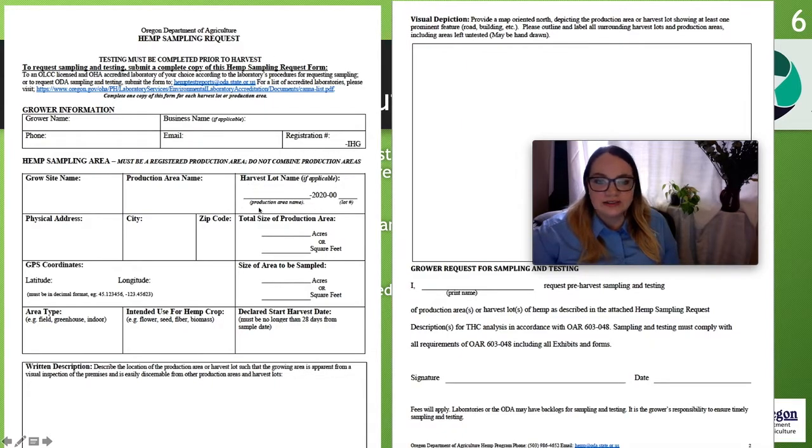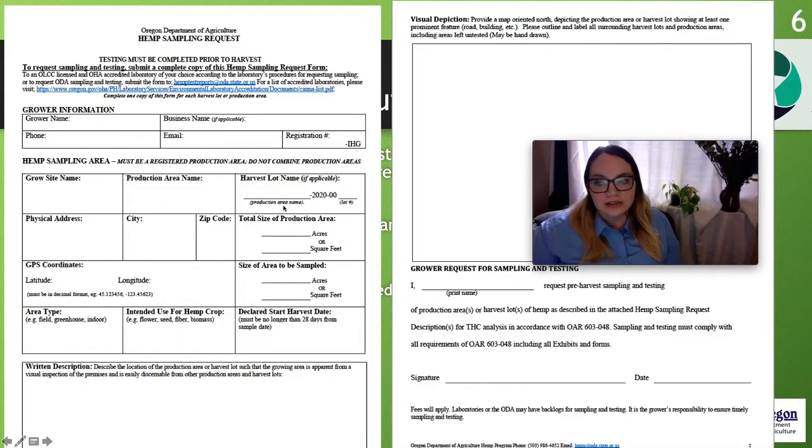So this doesn't necessarily need to be filled out. It's only if they're splitting it up. So if that were the case, they would still fill out this production area name, and then they would also list a production area name here, and then do -2020-00, and then 1, and so on and so forth. So each one of these harvest lots needs to have their own hemp sampling request form.